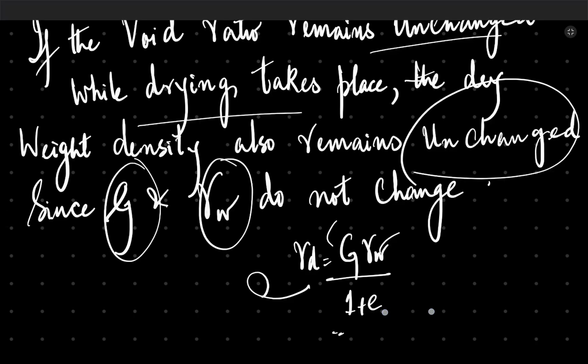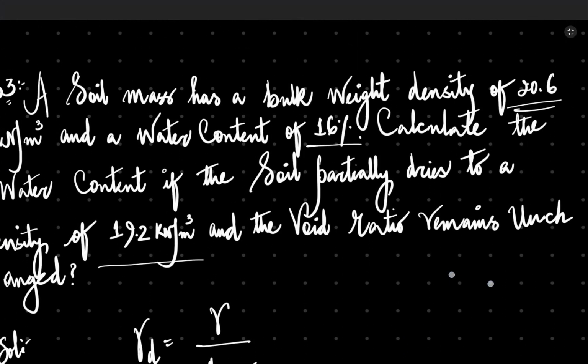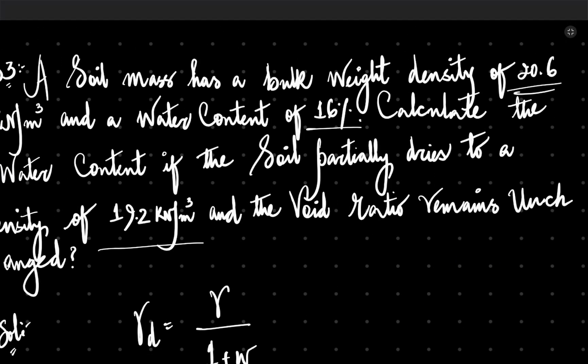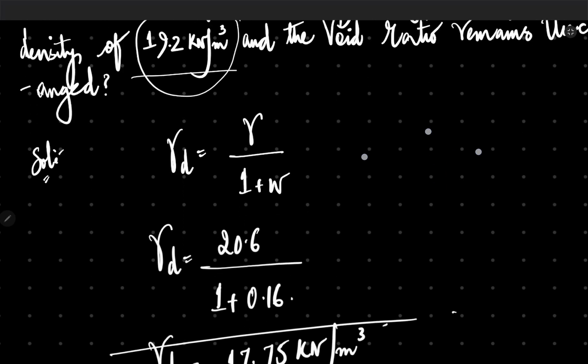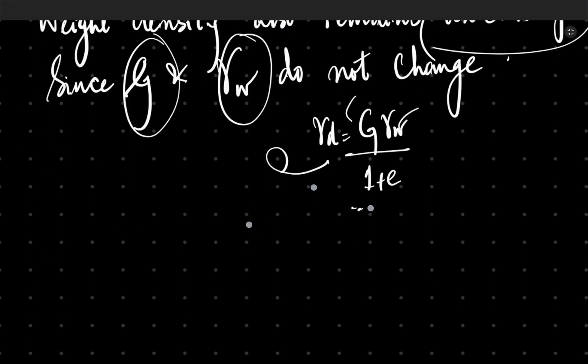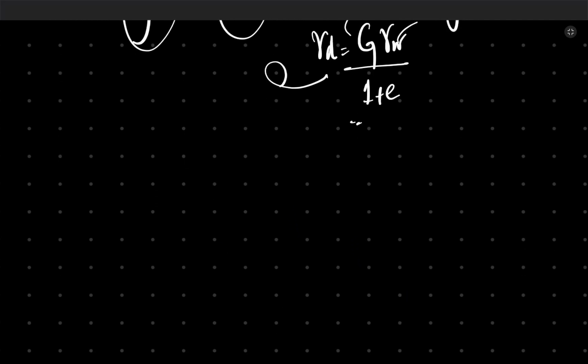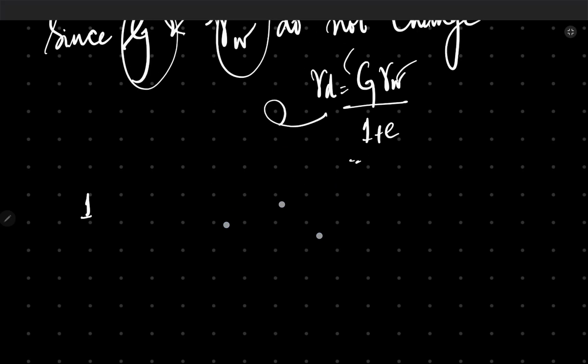All right, so now what does the question say? Now we have to calculate the water content if the soil partially dries to a density of this and the void ratio remains unchanged. So now this is my new bulk weight density. My dry density remains unchanged even if the moisture changes.